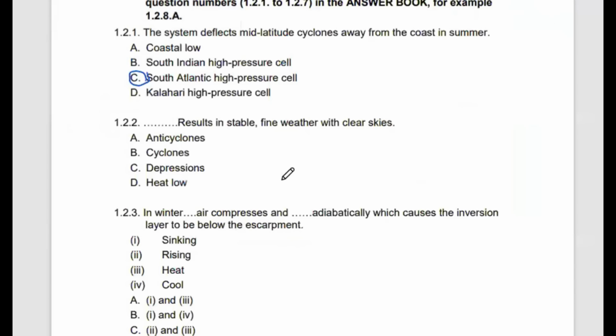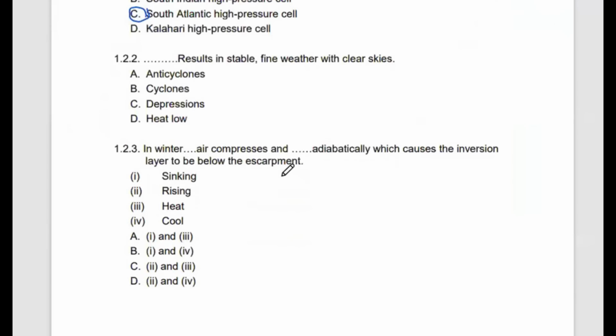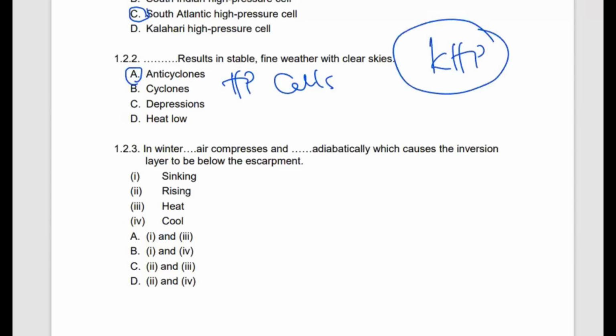Right, let's go on to the next question. The next question is saying dash results in stable, fine weather with clear skies. Right, clear weather with fine skies, we find them typically associated with anticyclones. And the anticyclones are high pressure cells. For example, if we have the Kalahari high pressure cell over the interior, which dominates during the winter season, we know very well that during the winter season, we have fine weather, we have clear skies.